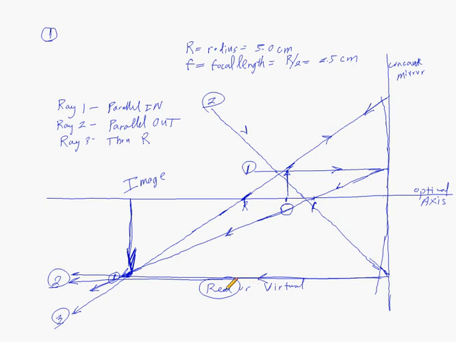The next thing we have to decide, is it upright or is it inverted? Well, it's upside down, so it is inverted. Next thing we look at, is it magnified or is it reduced? And just by looking at the drawing, we can see that it's been magnified.